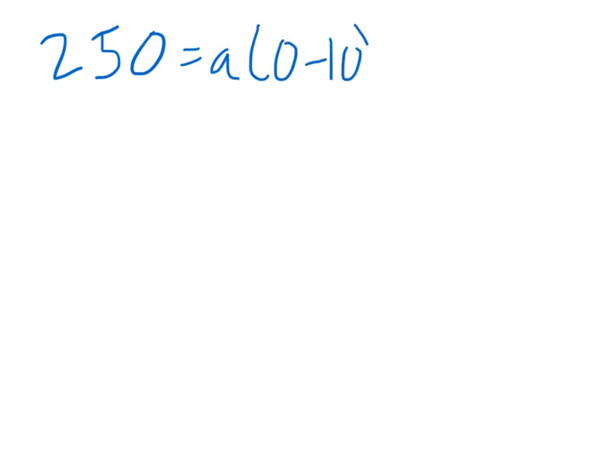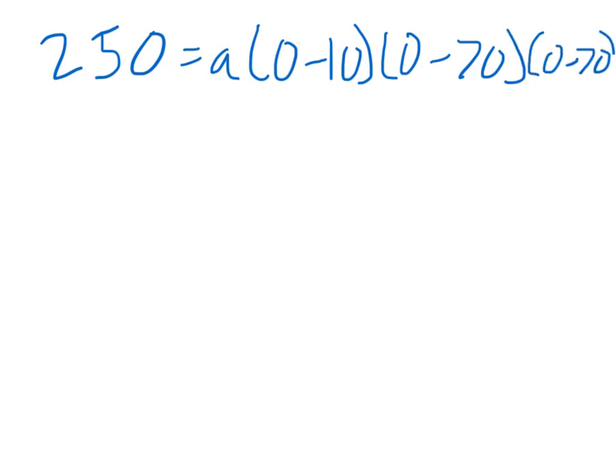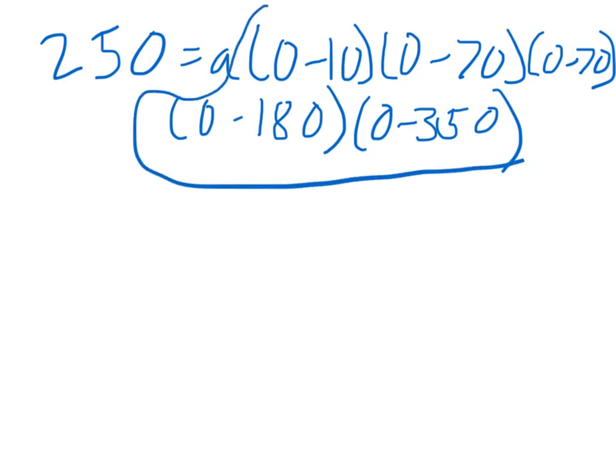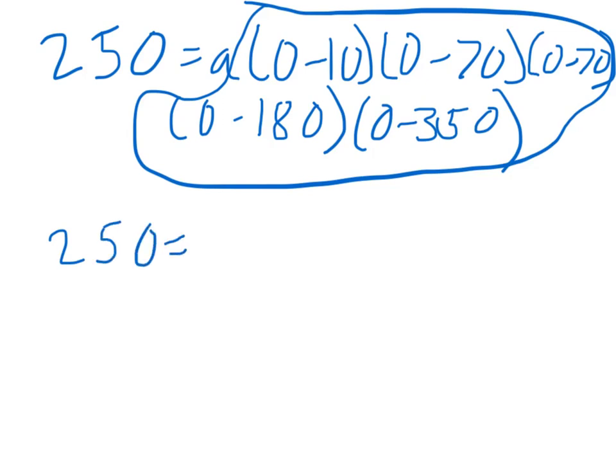Now we must plug the point 0, 250 for the y back into the equation. We're going to times all of these numbers together, and the result becomes 250 equals our a value that we're trying to find times this gargantuan number.